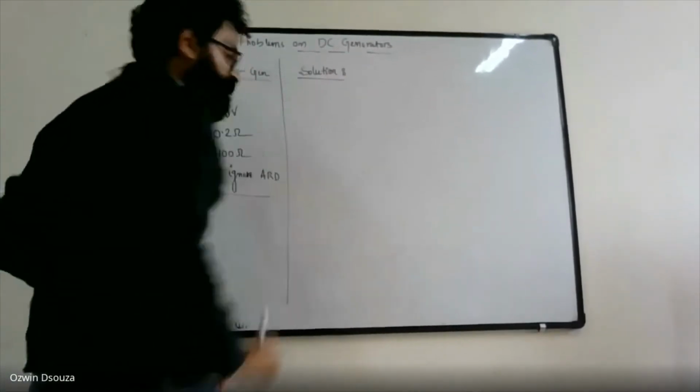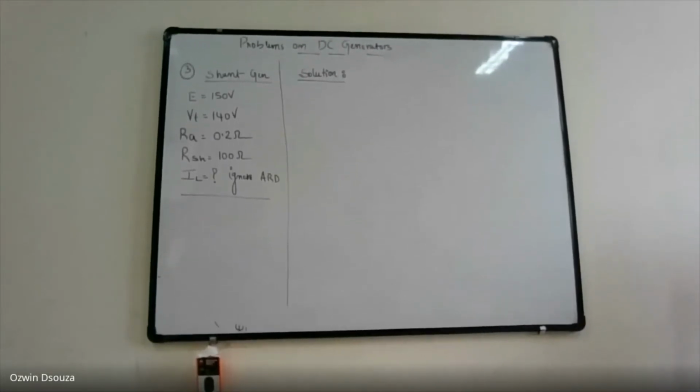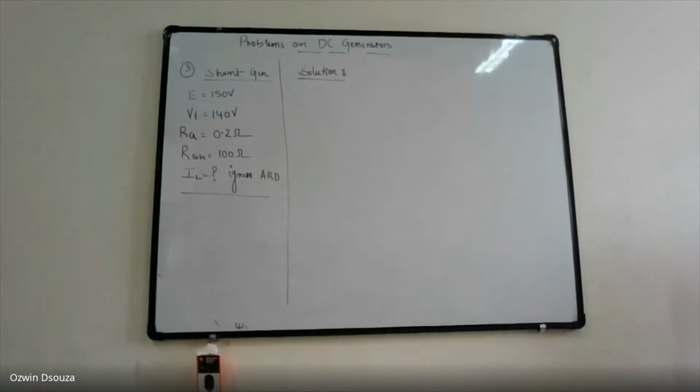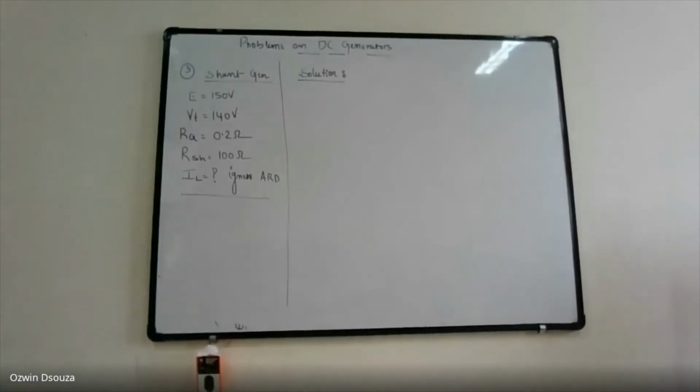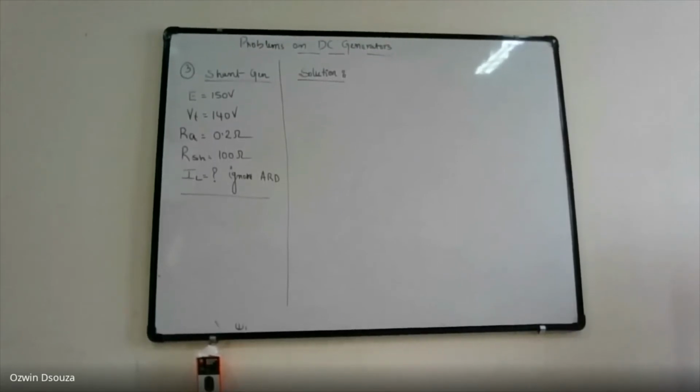So, solution. Let's try to understand what kind of problem it is. In this particular problem, the conductors, the flux value, etc., are not given. And for that matter, even speed is not given. So that means to say it's a different problem. What you have been given is the EMF value, which is 150 volts. The terminal voltage is given as 140 volts. And the circuit resistances have been given.